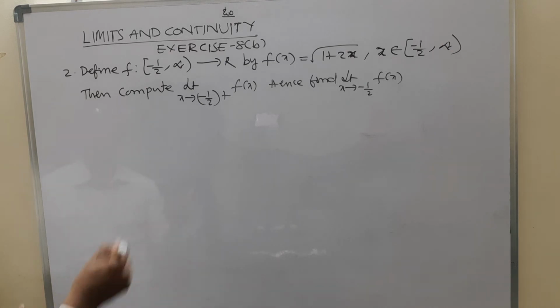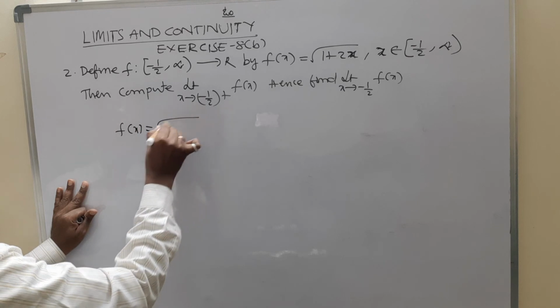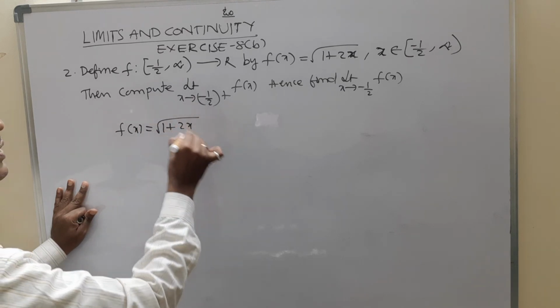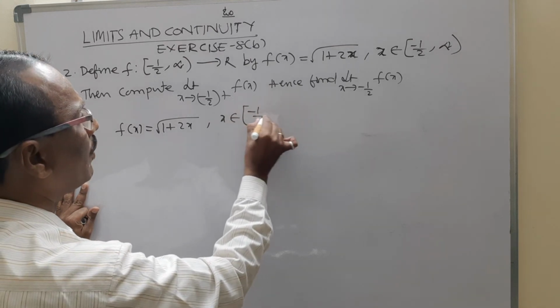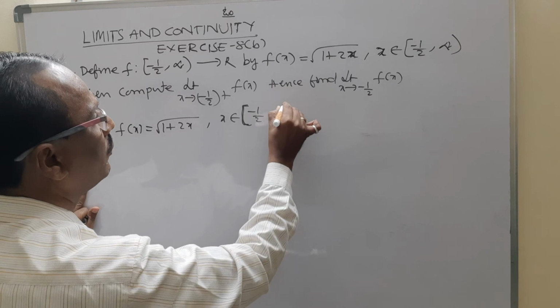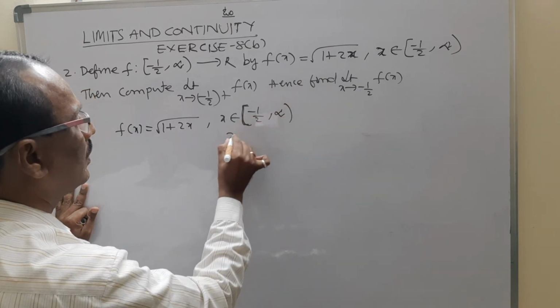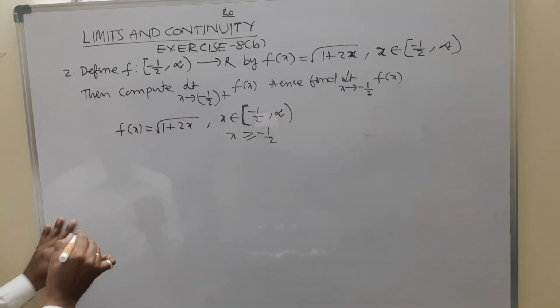In this question, f of x is given as square root of 1 plus 2x. Here the square bracket means x is greater than or equal to minus 1 by 2.